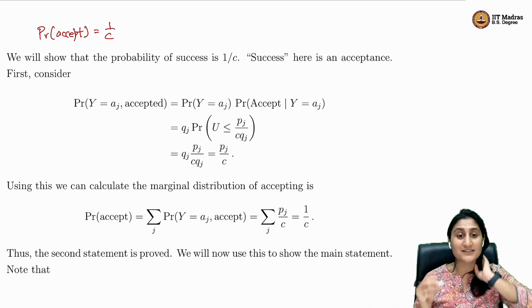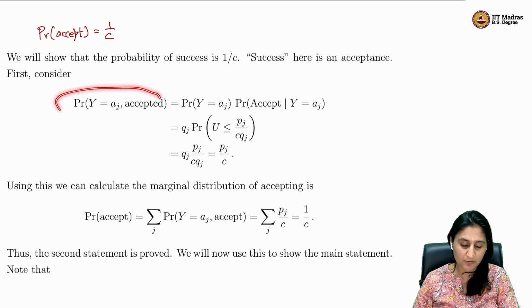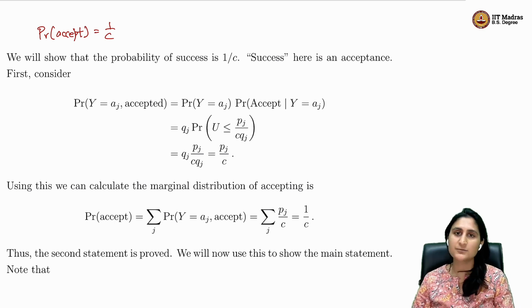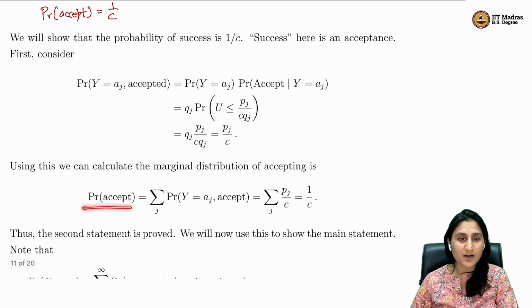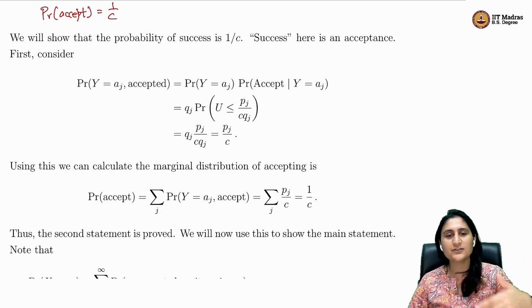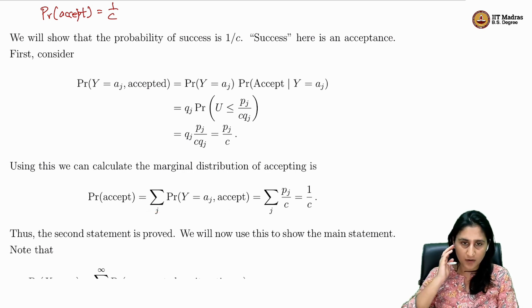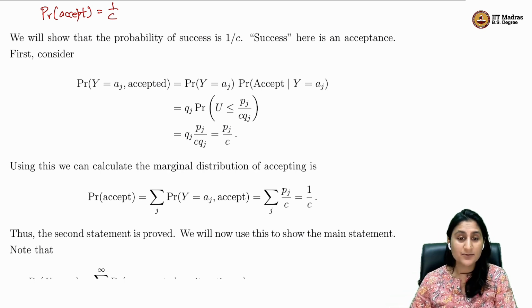But this is not what I want. I just want the probability of acceptance. I have the joint probability of proposing and accepting, so I want the marginal probability of accepting, which means I sum over all the possible values I could have proposed from Y. The marginal is just the sum over the joint, so the probability Y is equal to aj, summing over all possible j's.